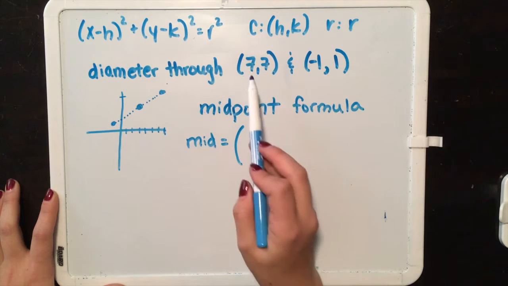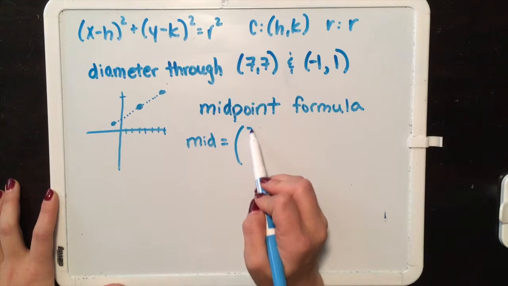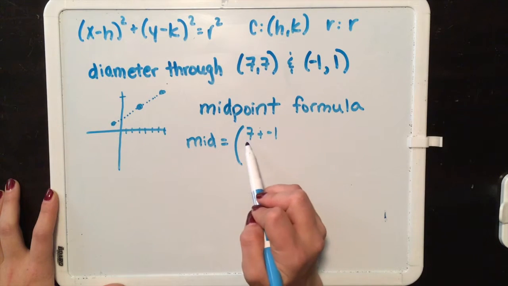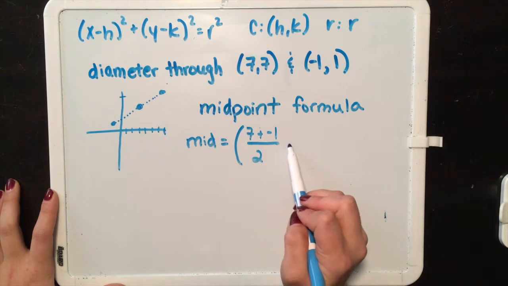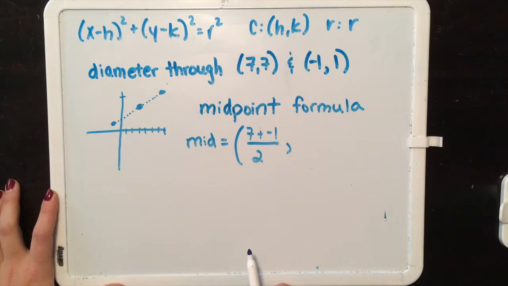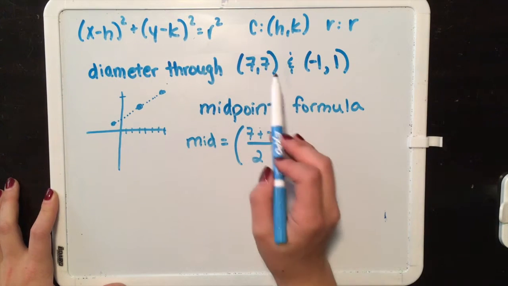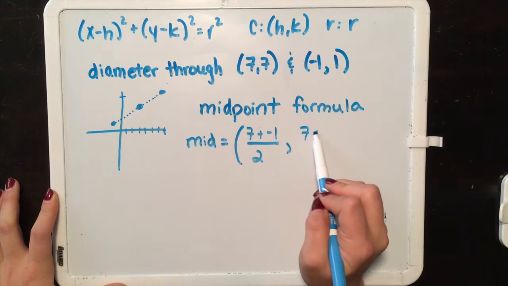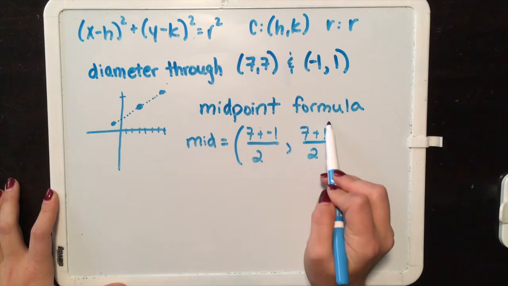So the midpoint is the average of the x values, (7 + -1)/2, and the average of the y values, (7 + 1)/2.